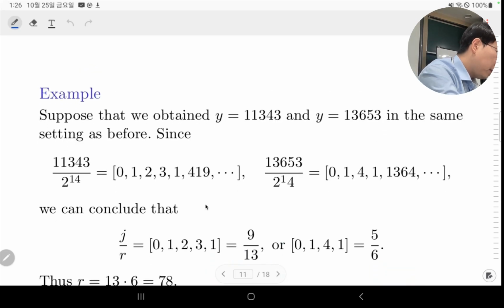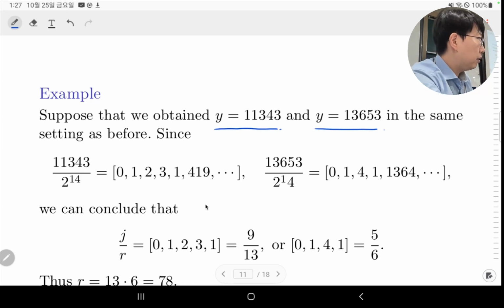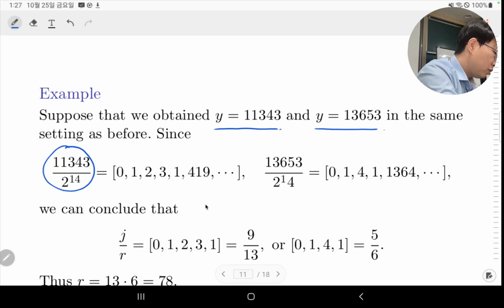So here's another example. Same number n, the number of input registers, but let's say we took the measurement twice. We got different numbers for r, and what we do is find the period by using the continued fraction. So we take the continued fraction of these two numbers.